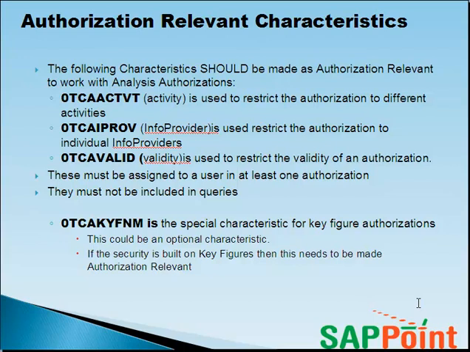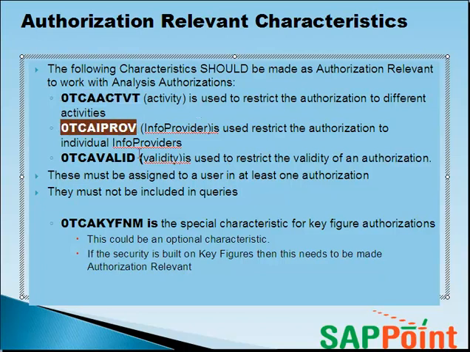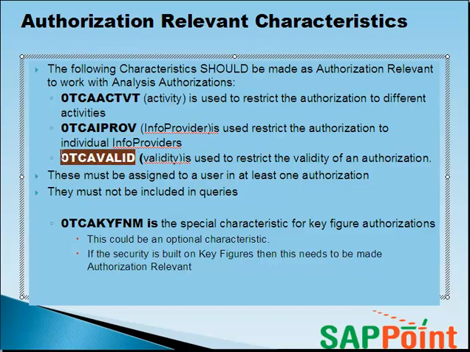Now, along with the IMG settings and those info objects that need to be activated, to technically work with analysis authorization, there are three main characteristics that need to be made authorization relevant. One characteristic is activity. The second one is for info providers, and the third one is for validity. These three characteristics have to be made authorization relevant.